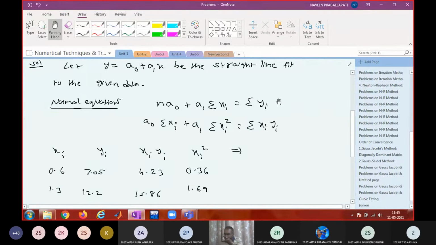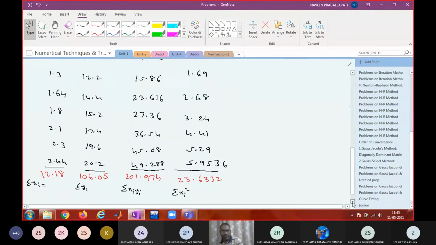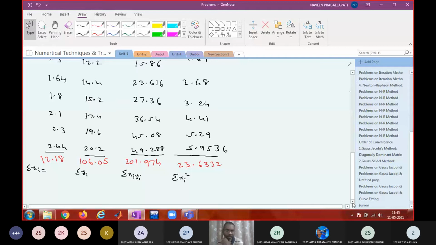Substitute the values and please tell me a0 and a1. 7 a0 plus 12.18 a1 is equal to 106.05.